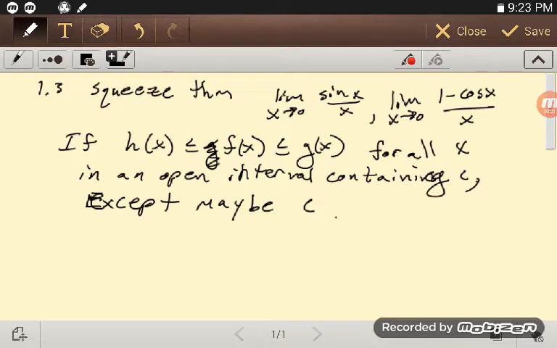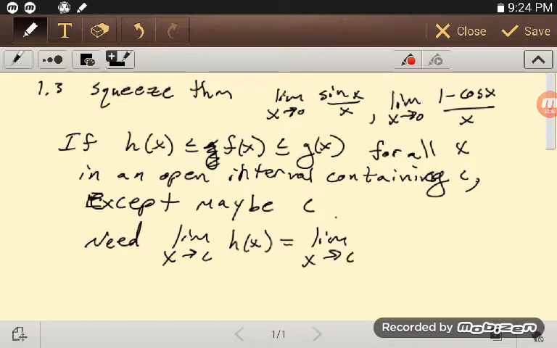Then what we need for this Squeeze Theorem to work is that the limit as x goes to c of h of x is equal to the limit as x goes to c of g of x, and that's equal to some L. But it is very important that those two limits be equal.